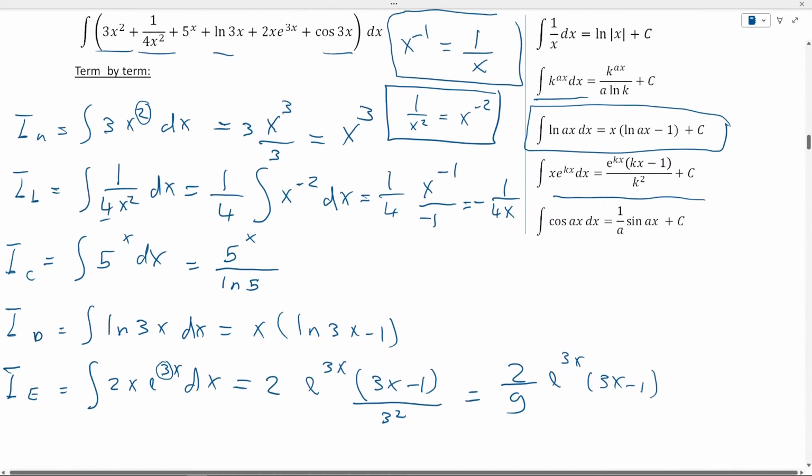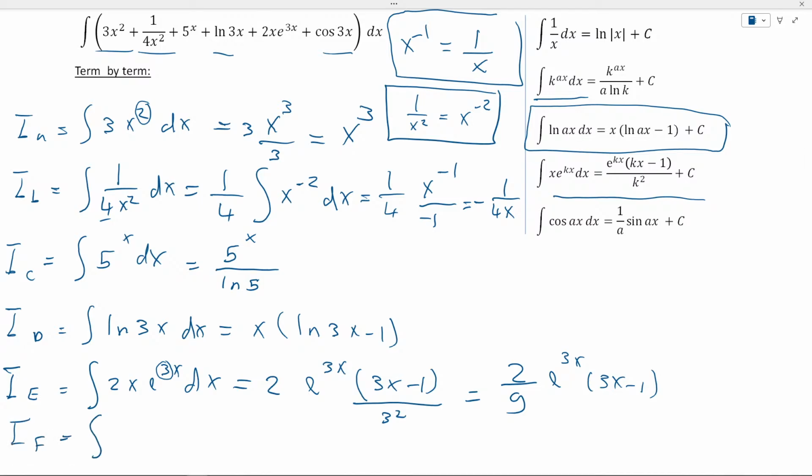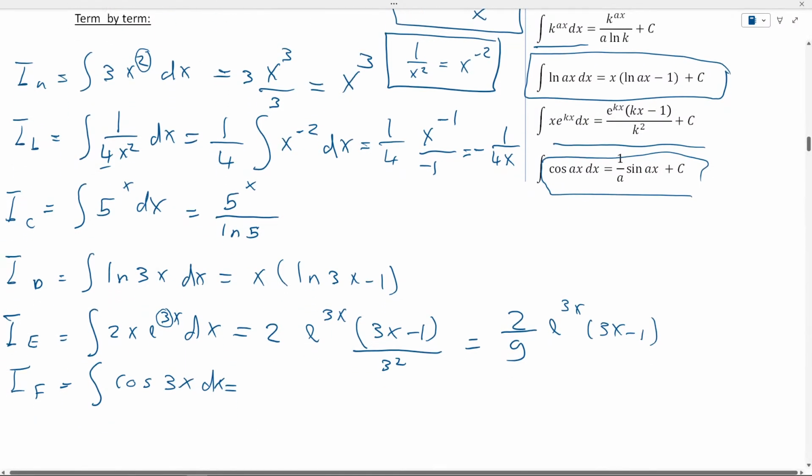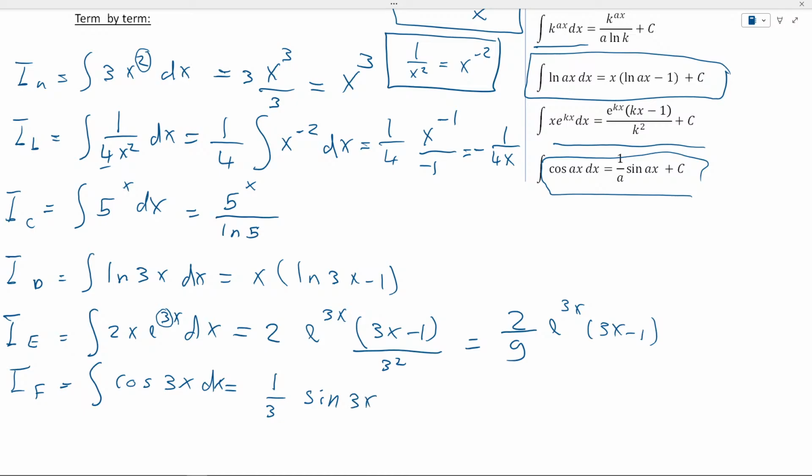Do I have one more? Yes, the last one here: the integration of cosine 3x dx. That one has a rule also. I can just follow the rule. That is 1 over 3 and then sine 3x plus the constant.